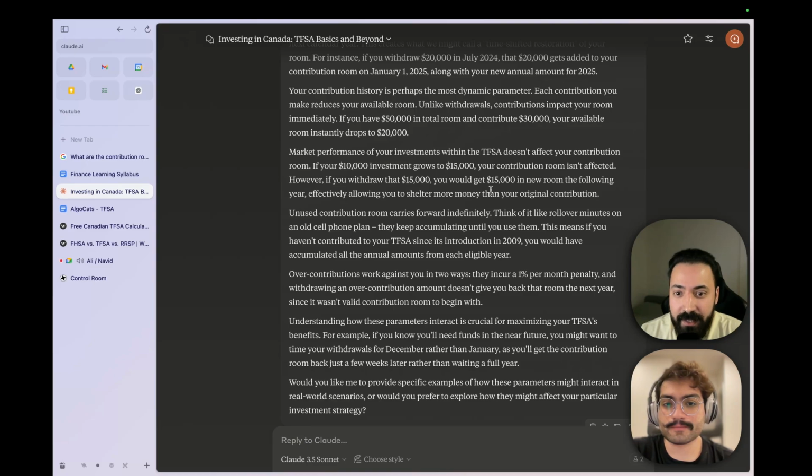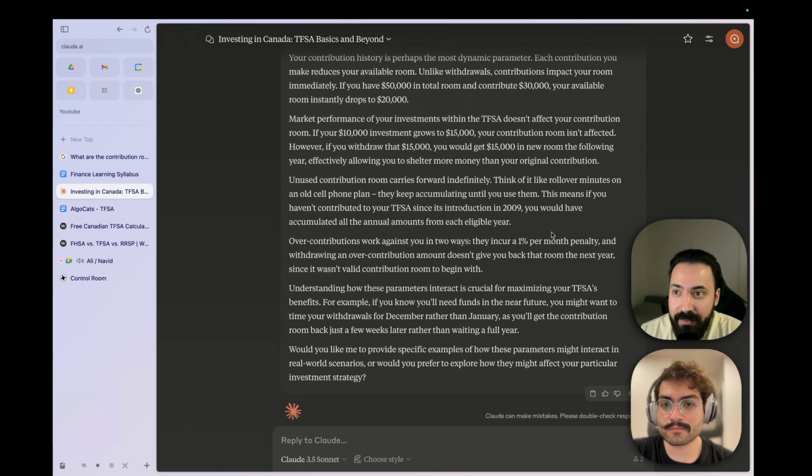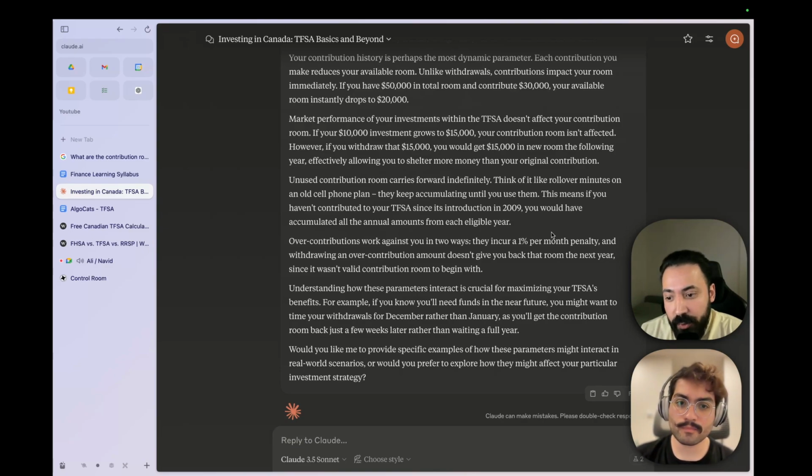Yeah, the cash is in there, and as long as you haven't withdrawn the money. So basically when you deposit money into your investment account and when you withdraw money from your investment account, that would affect your contribution room. Nothing in between. Like if you put your money in your TFSA investment account and don't touch it, it won't affect your contribution room.